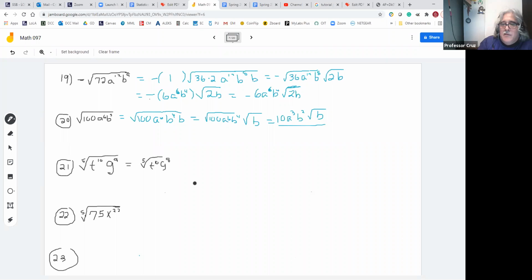Oops, that's not it. What am I thinking? And just like with these, see, anything that stays in there, that power has to be less than that index.